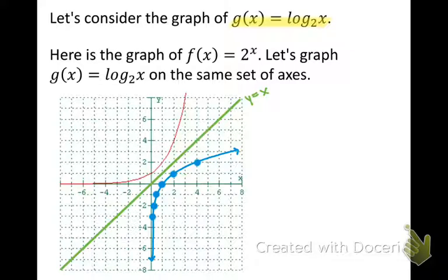Okay. Let's talk about some things we're noticing about this graph of log base 2 of x. This particular one does not have a horizontal asymptote like 2 to the x did, but it has a vertical asymptote. Its vertical asymptote is the line x equals 0.